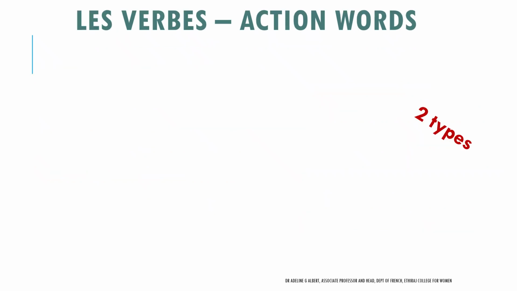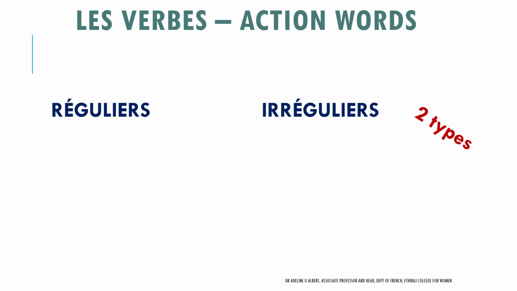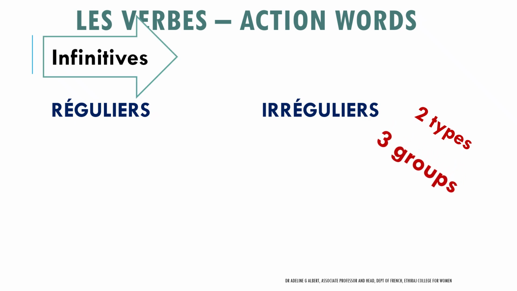So, two types of groups, regular and irregular. Each has three types of verbs, and I identify them from the infinitive by looking at the last two letters.